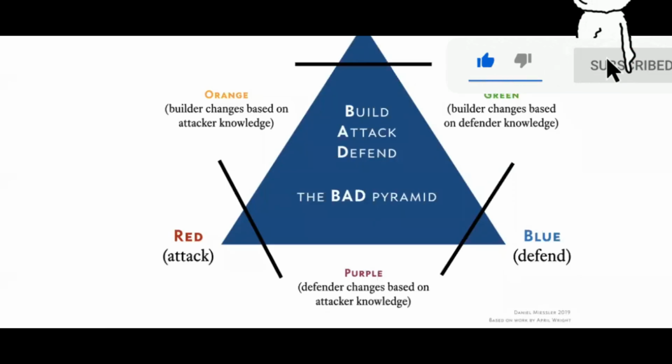Those people who are responsible for that are identified with the color orange. And if there is some knowledge being used from the defensive side to make the system stronger, then that set of people is identified with the color green. So I hope you understand that this is just a color code used for a set of teams, and this is particularly used to differentiate between them.